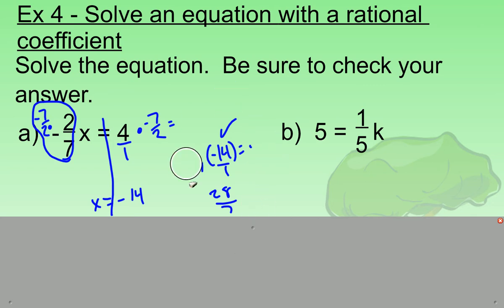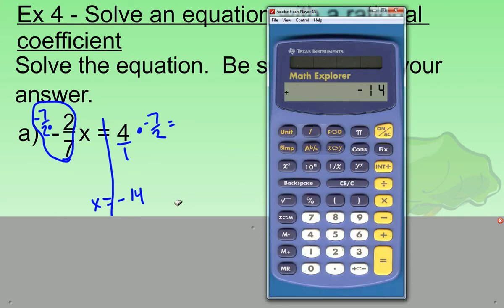Now, to show you what I mean about having a calculator that can do fractions, all you really have to do is type it in. Watch. I'm going to type it in my calculator. Negative 2/7. So there's my negative 2/7. I'm going to divide by the same thing, negative 2/7, equals, and simplify. Okay, it's not simplifying very well.